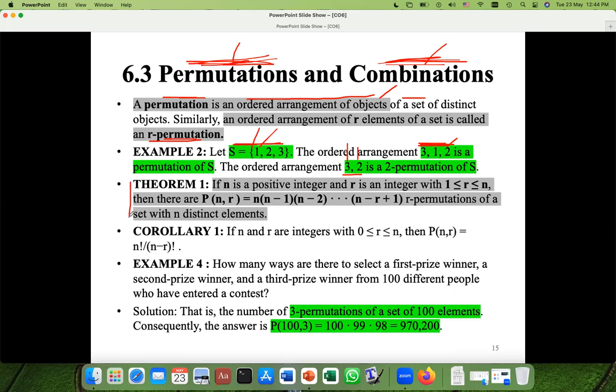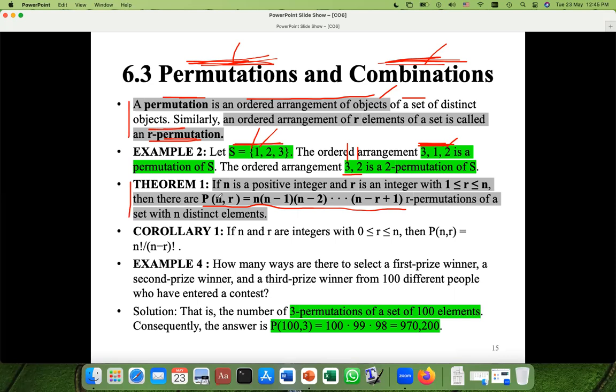Theorem 1. This theorem is about the concept of permutation, and this is the equation of the theorem, which is important. R is the R in R-permutation, okay?